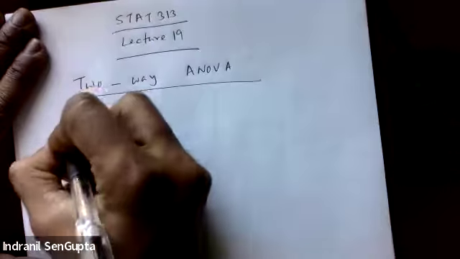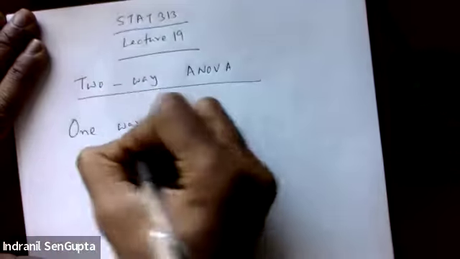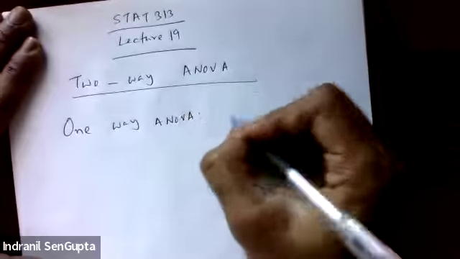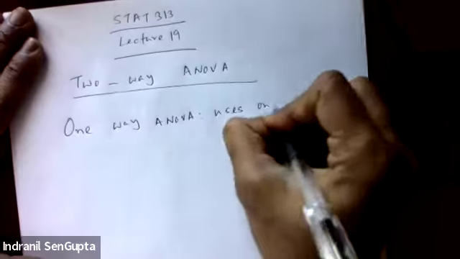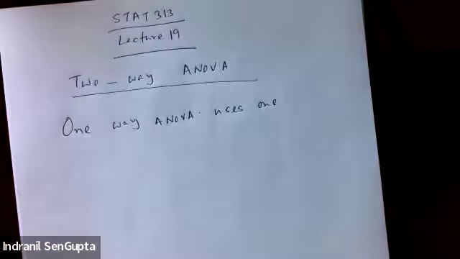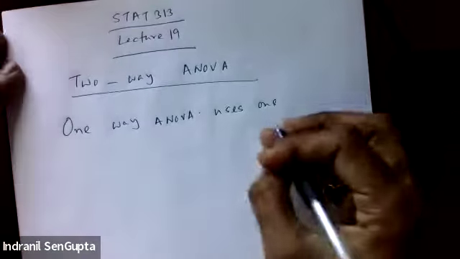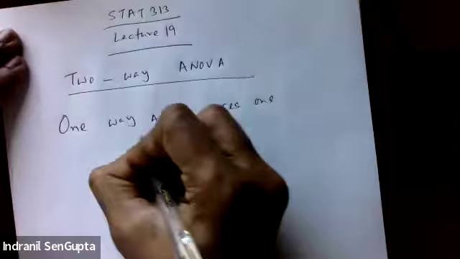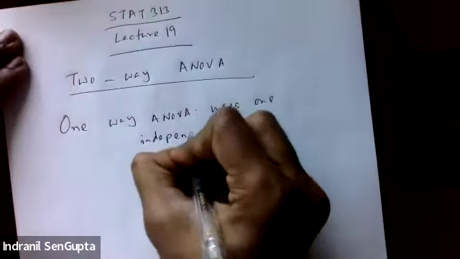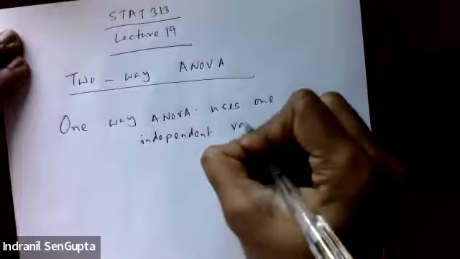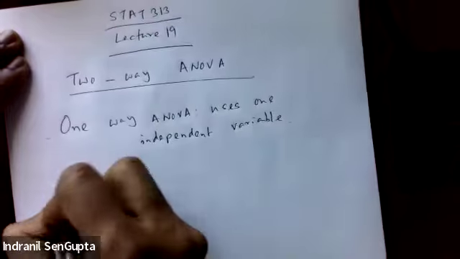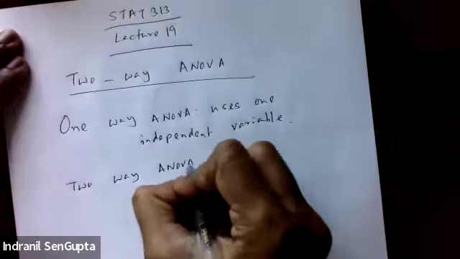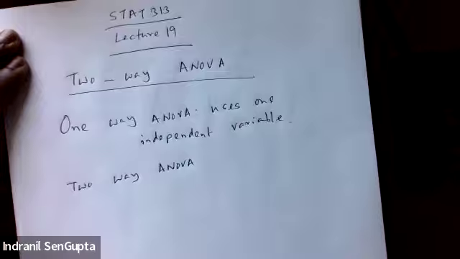The one-way ANOVA that we did before uses one independent variable. And for two-way ANOVA, we have two independent variables.